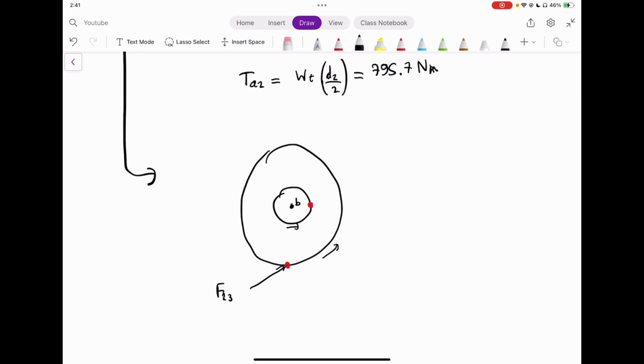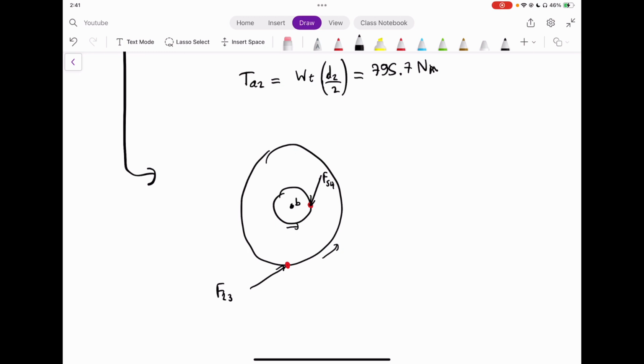We actually already know the value of F23, or at least F23T. Then here we would have a reactionary force coming from F54, very similar to the previous example. Each of those forces has components, which I'm not going to draw here because you already know how they work, but you can draw them for your own sake.